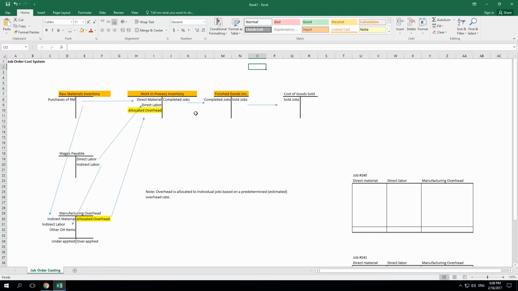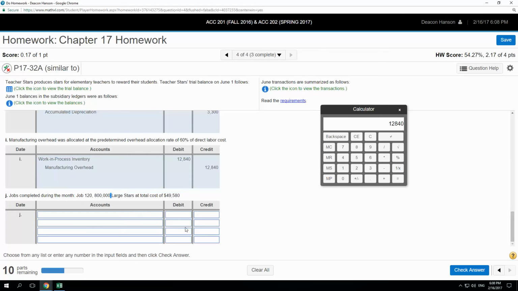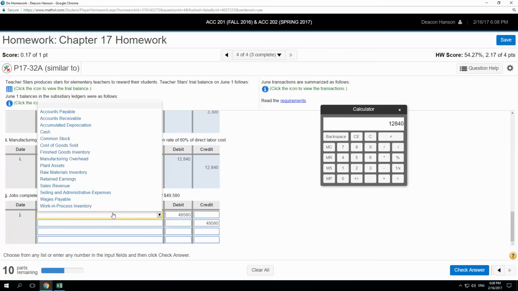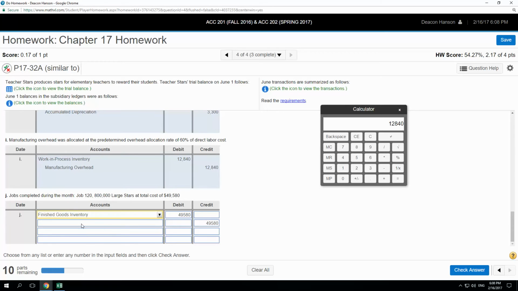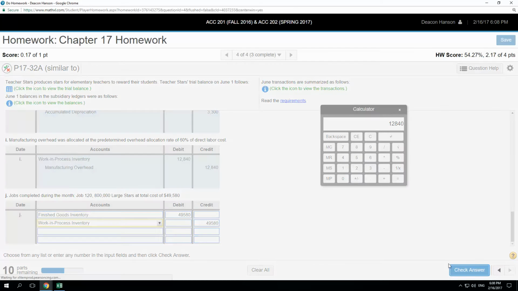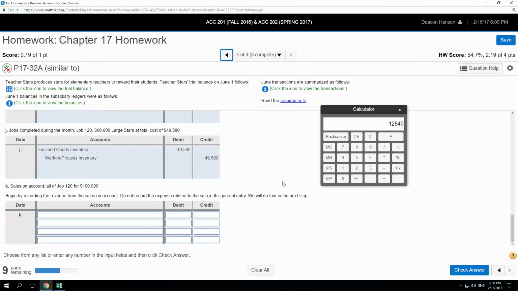So it's just going to be a debit to finished goods and a credit to work in process at cost, so at 49,580. So it's a debit to finished goods and a credit to work in process. Okay. Question? Oh, makes sense. Yeah.